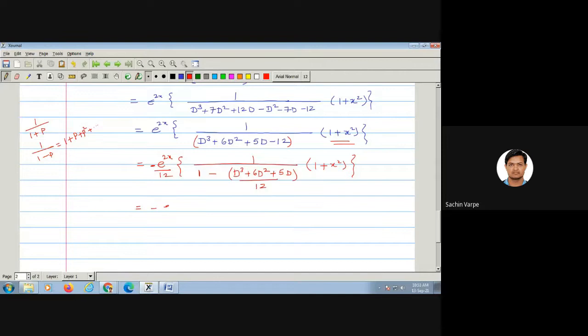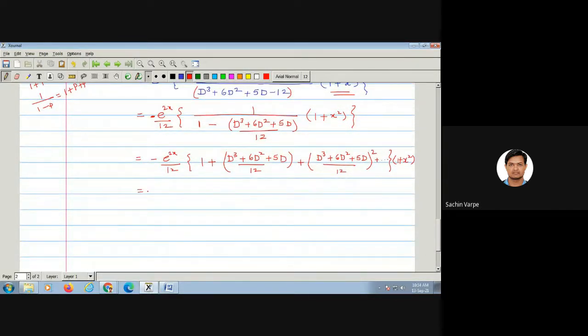Minus e to the power 2x upon 12 into 1 plus p, where p is D cube plus 6D square plus 5D upon 12, plus p square, that is D cube plus 6D square plus 5D upon 12 whole square, plus and so on, operated on 1 plus x square.